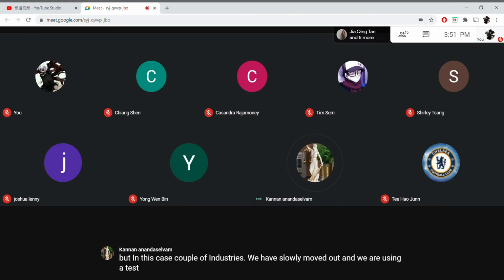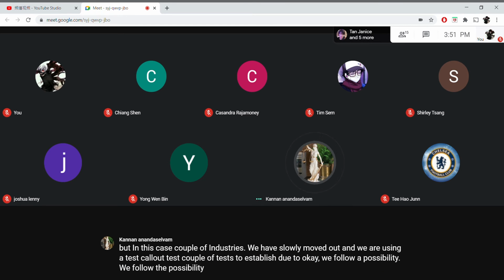Caparo test. Test. The Caparo test says to establish duty of care, we follow the possibility, foreseeability. The possibility, comma, proximity.